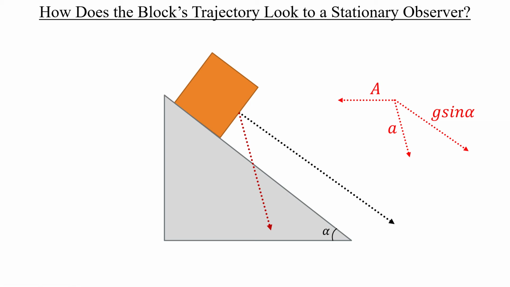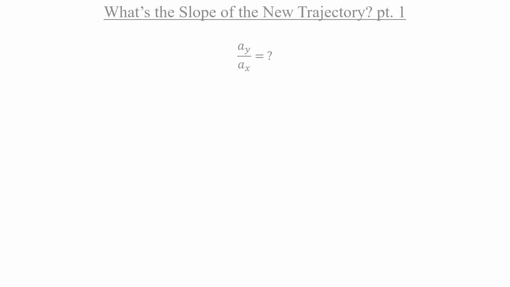We can't use that as our result to part C. Let's do a bit of heavy lifting to prove what's being said here is true. The first thing on the list is to calculate what the slope would be. Let's begin by taking the ratio of the y and x components of the block's acceleration.